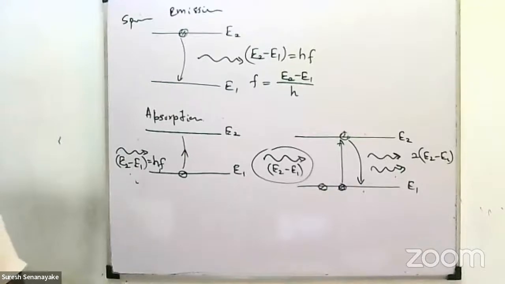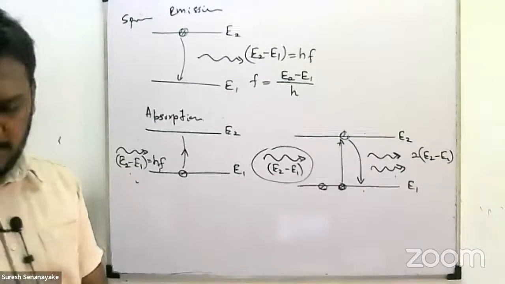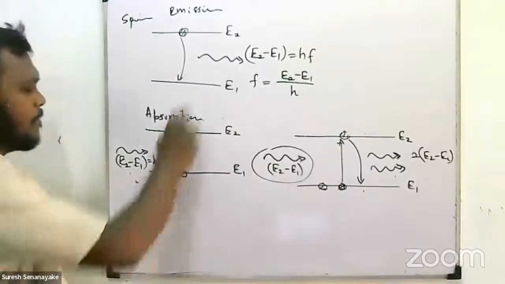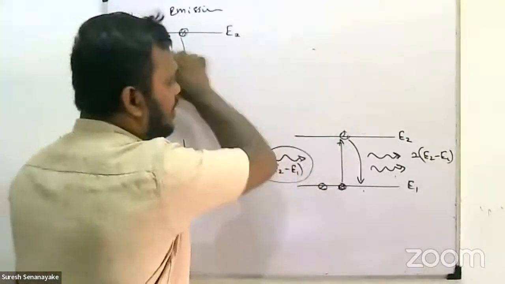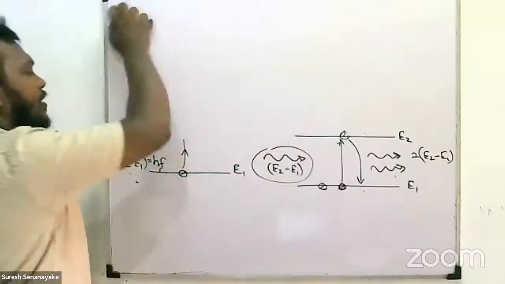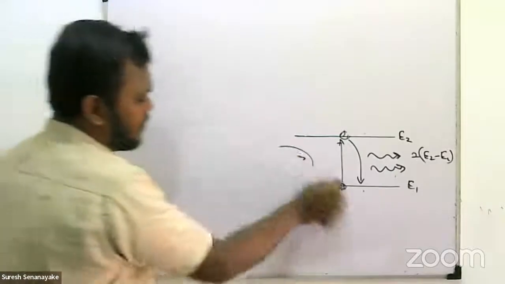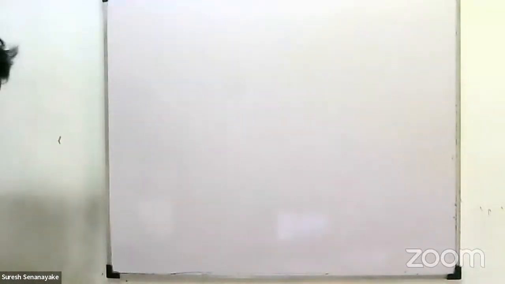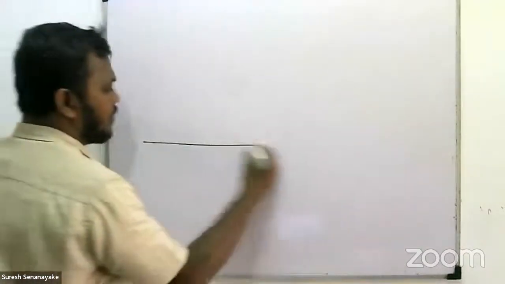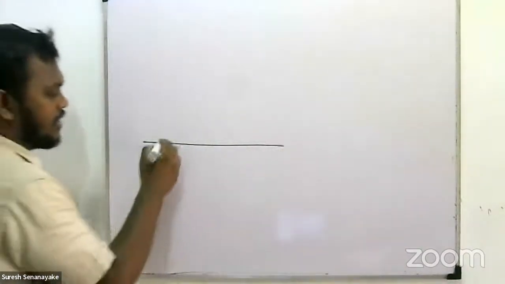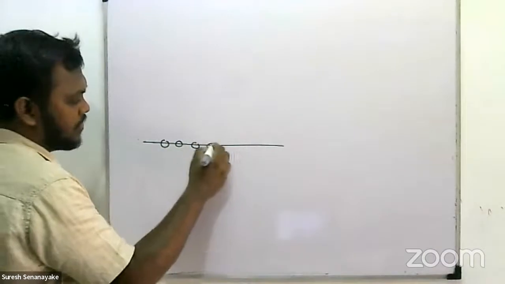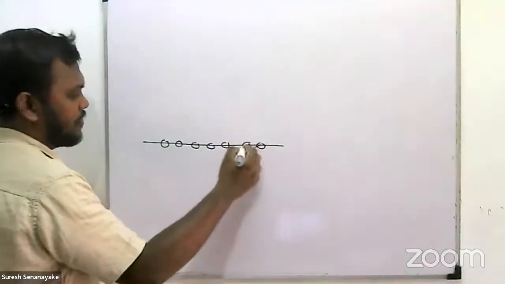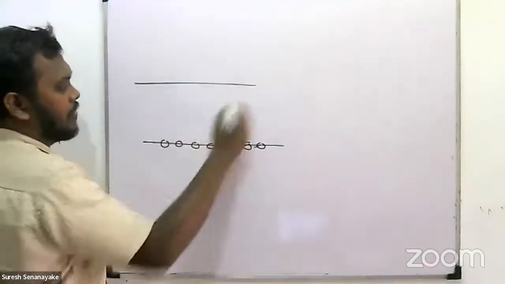This inverted population or population inversion, when we consider the normal condition of substances, normal case, as in ground states, they are having more atoms or molecules or ions than the upper levels, right?